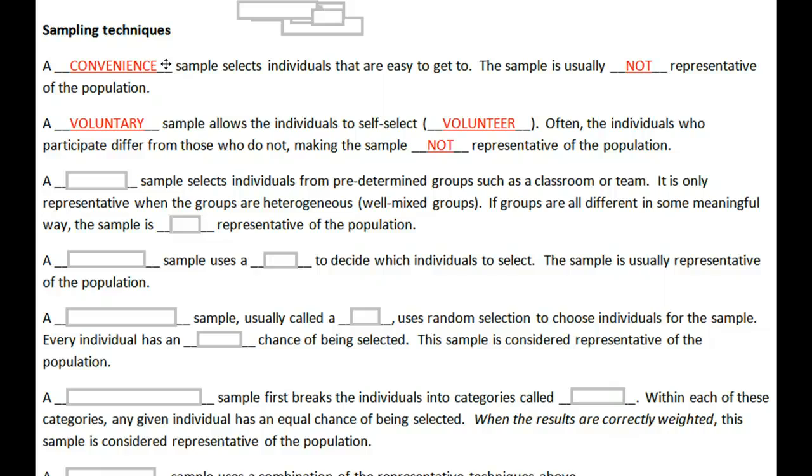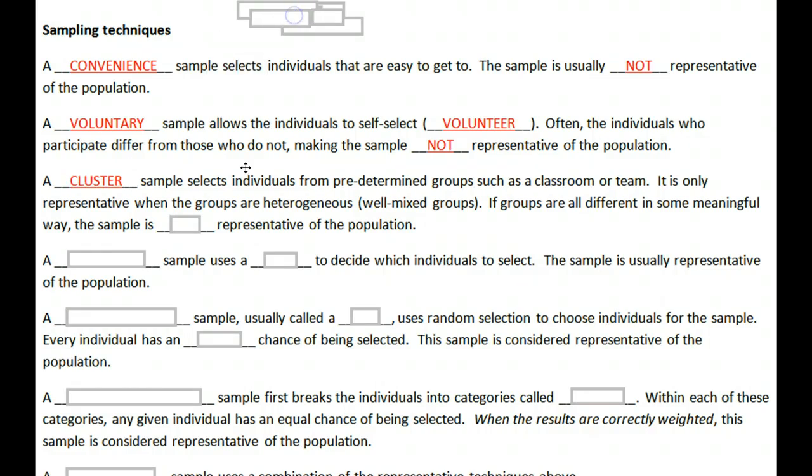Convenient sample means that you're probably going to only run into the people that you are around, whereas a voluntary sample means that people that have the strongest opinions or maybe the most outgoing about giving their opinion are going to be the ones who are represented. And those people who are somewhat indifferent or don't really care or maybe who are really busy are not going to be represented in the survey because they didn't take the time to volunteer.